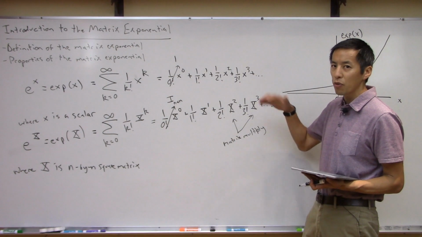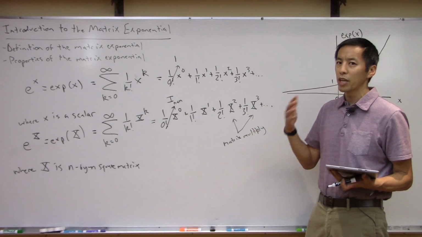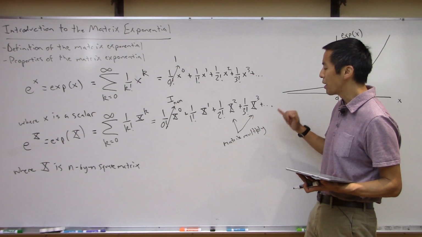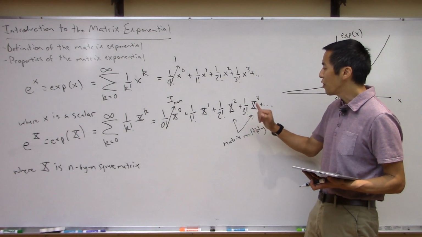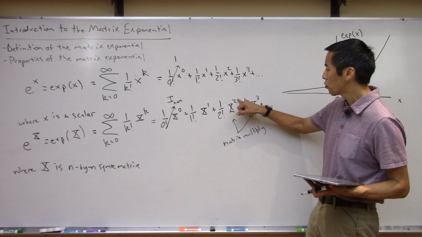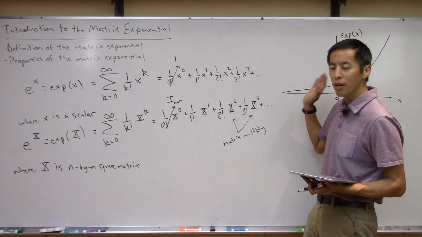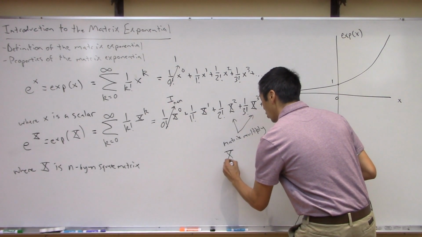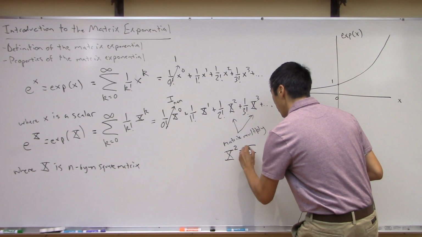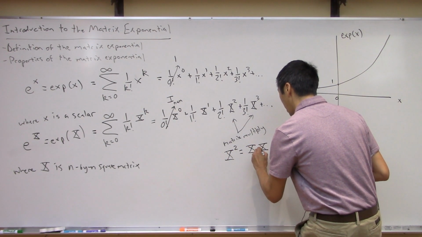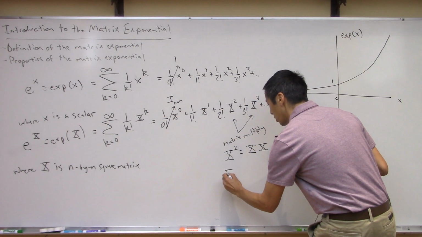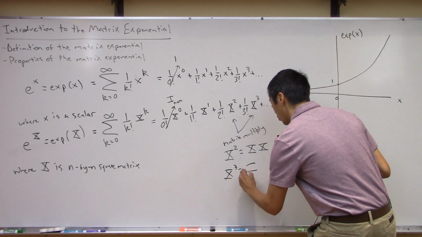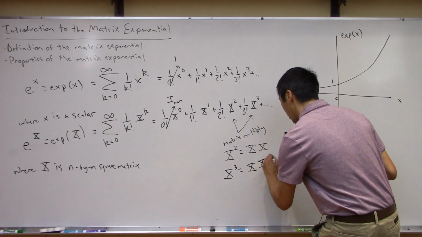Again, in a scalar case, we didn't make a distinction between matrix multiplication and element-wise multiplication, but now we have to be careful that in this situation, this notation where it's squared, cubed, etc., means, in other words, x squared is really matrix multiplication of x times x, right? And x cubed is, again, matrix multiplication x times x times x, right?